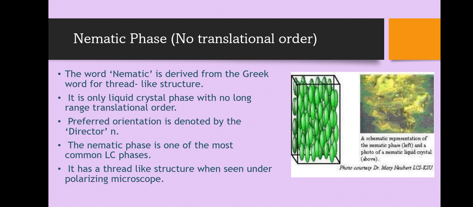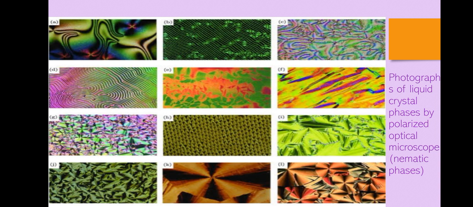Here we can see the figure on the left. It is a schematic representation of the nematic phase, and above we can see a photo of a nematic liquid crystal. Here are some photographs of liquid crystal phases obtained by a polarized optical microscope, and these are all nematic phases.